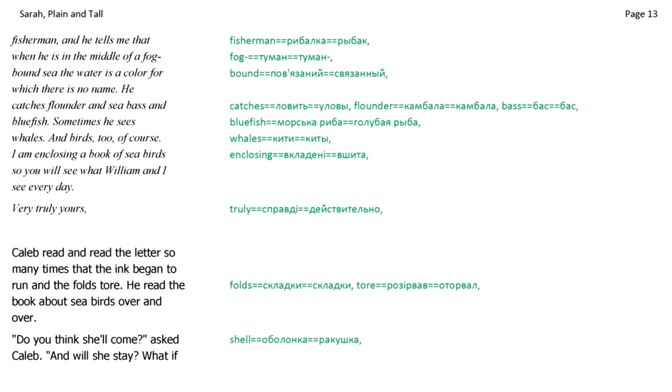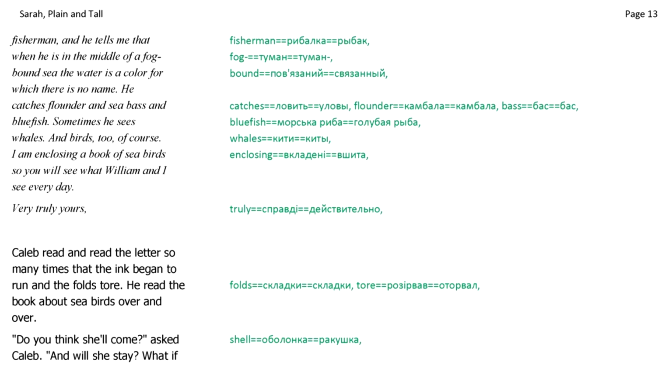He catches flounder and sea bass and bluefish. Sometimes he sees whales, and birds too, of course. I am including a book of seabirds, so you will see what William and I see every day. Very truly yours, Sara Elizabeth Wheaton.